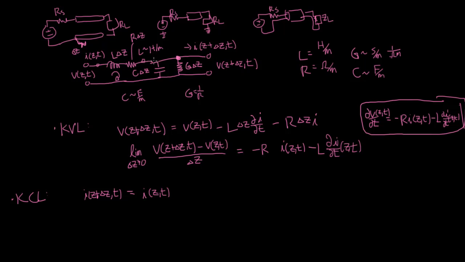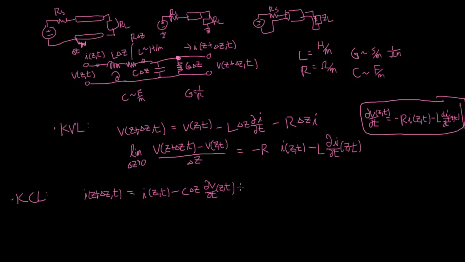And that current's going to go through this and this. Then some of it's going to go here, some of it's going to go here, and some of it's going to come out. The part that goes through the shunt capacitor is going to be minus C delta z dv/dt of z, t. And you're also going to have some current going through this shunt resistor here.